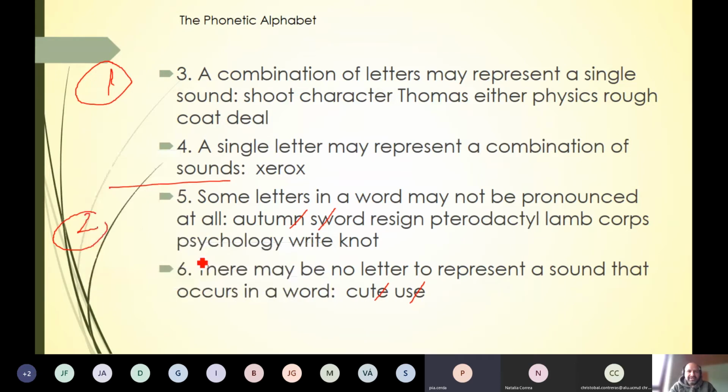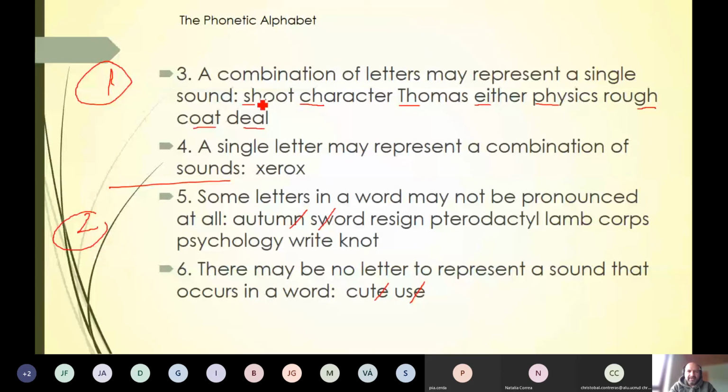Thanks so much. So let's take a look at these cases in which spelling is not consistent. A combination of letters may represent a single sound. If we take a look at this combination, we have SH, we have CH, TH, EI, PH, we have GH, we have OA, and we have EA. So we have a combination of letters.